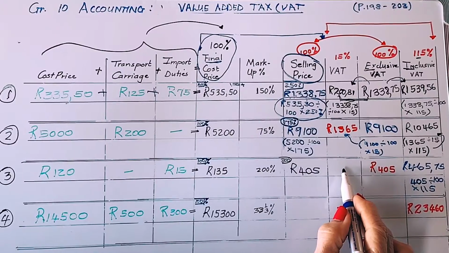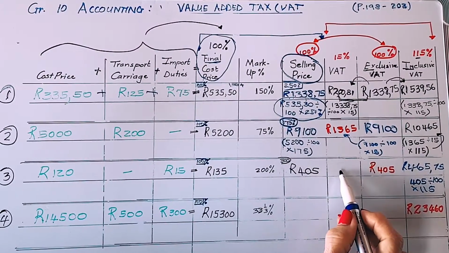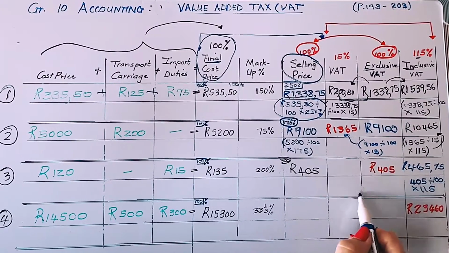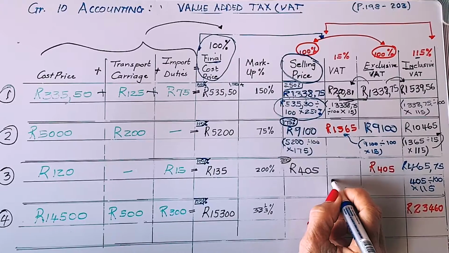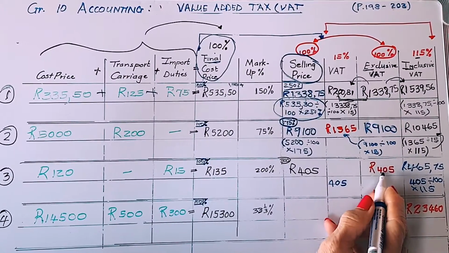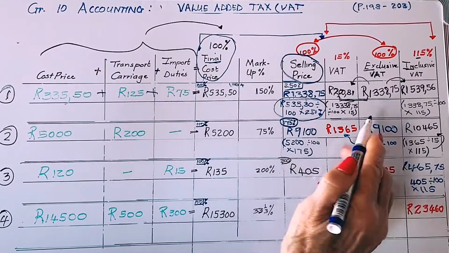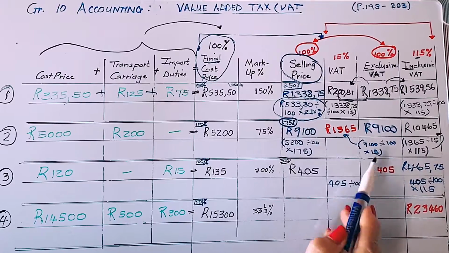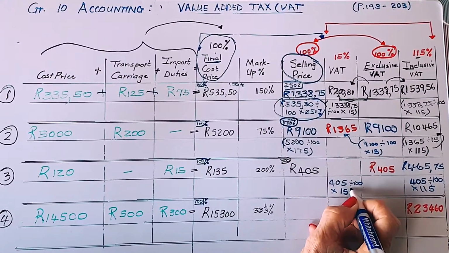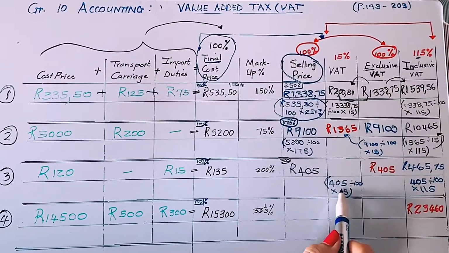Now I calculate my VAT amount. I can subtract this one from that one, and it's an easy calculation. Or I can apply my formula. I take my known or given amount, which is 405. I divide it by its percentage identity, which is 100. I times it with the 15 percentage value of the VAT amount.